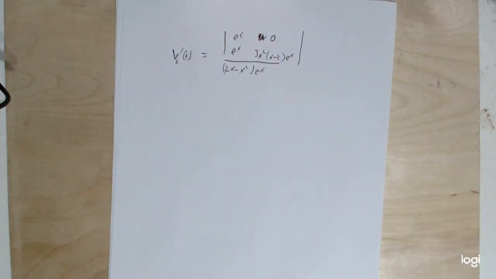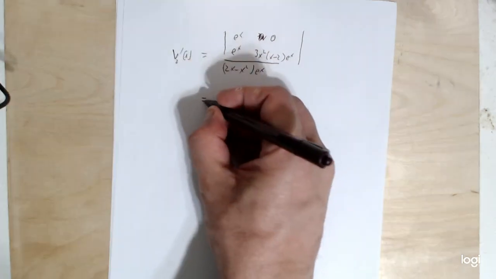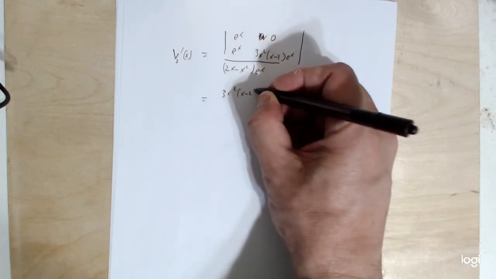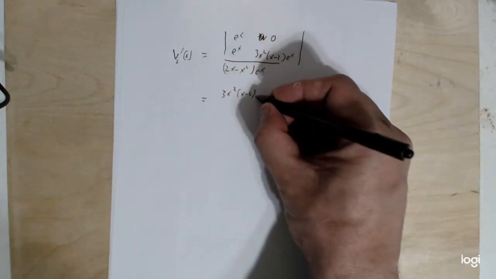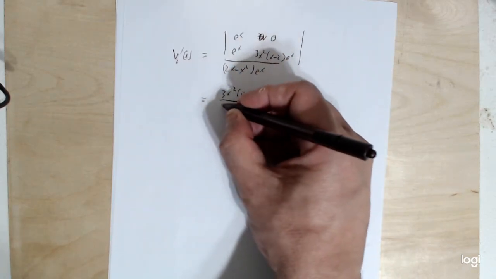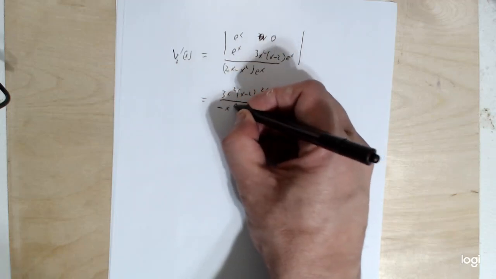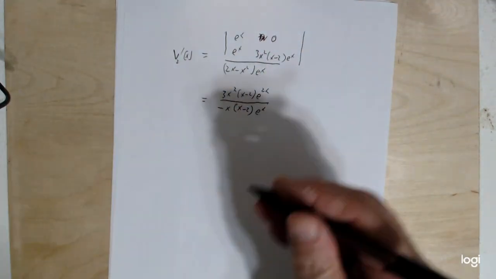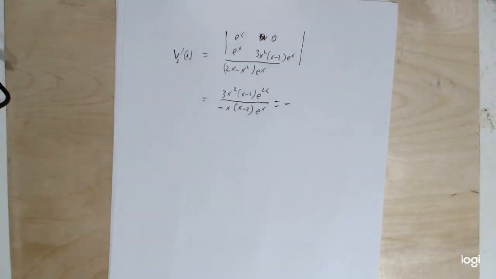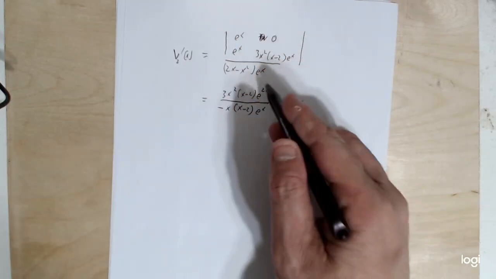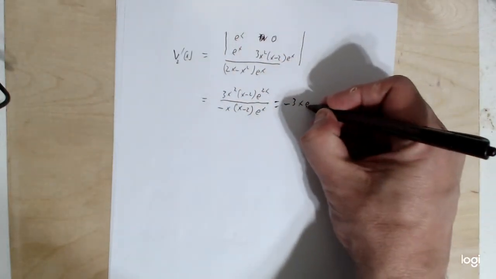Now here it's going to get a little messier. We get 3x squared times (x minus 2) times e to the 2x. And again, factoring that denominator, I'm going to factor out negative x so it's a little more apparent. So we get a lot of cancellation again. We get a negative, and we have a 3x. The (x minus 2)'s cancel. One of the e to the x's cancel. I'm left with the e to the x.